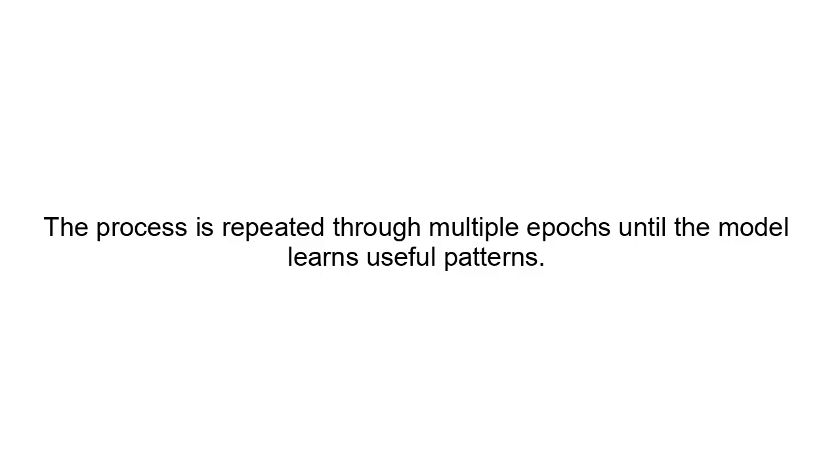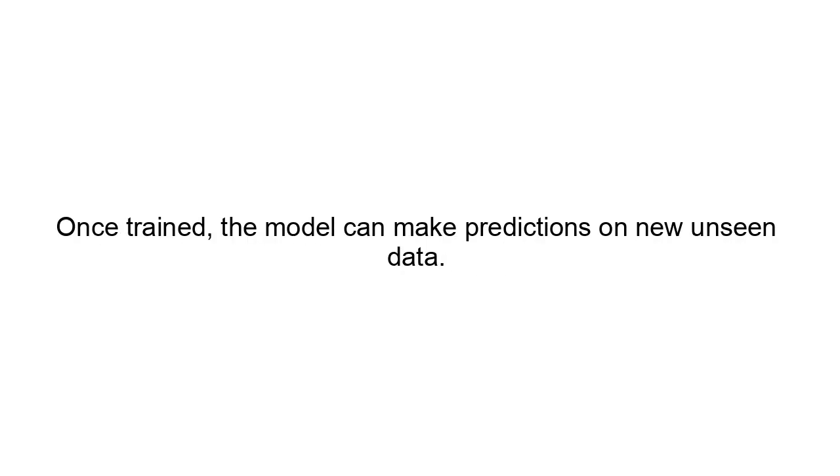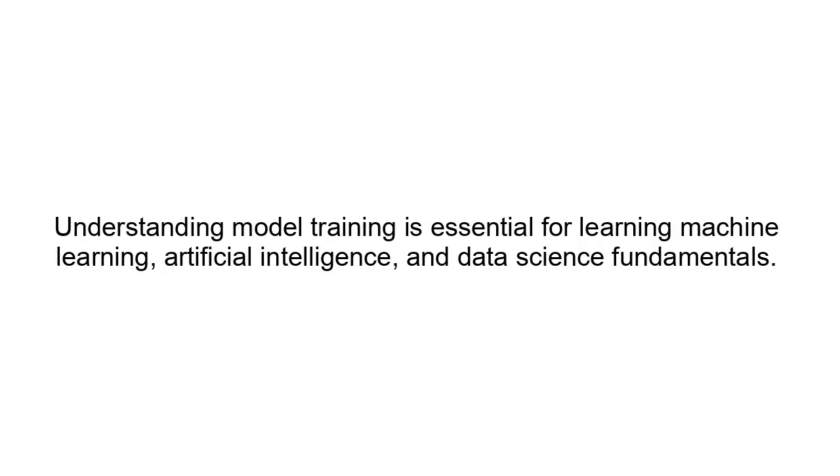The process is repeated through multiple epochs until the model learns useful patterns. Once trained, the model can make predictions on new unseen data. Understanding model training is essential for learning machine learning, artificial intelligence, and data science fundamentals.